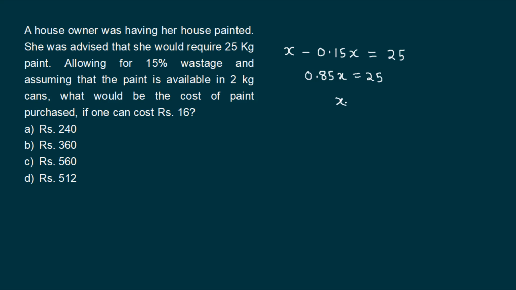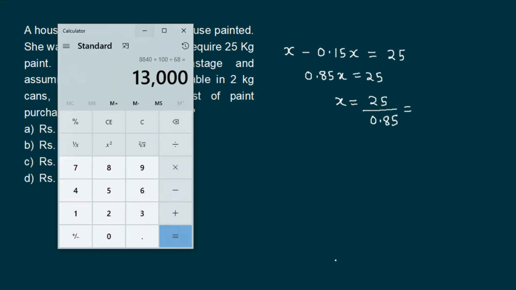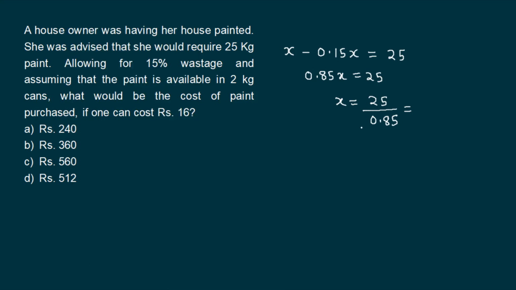So how much paint is purchased in kgs? 25 divided by 0.85. 29.42 kgs of paint should be purchased.